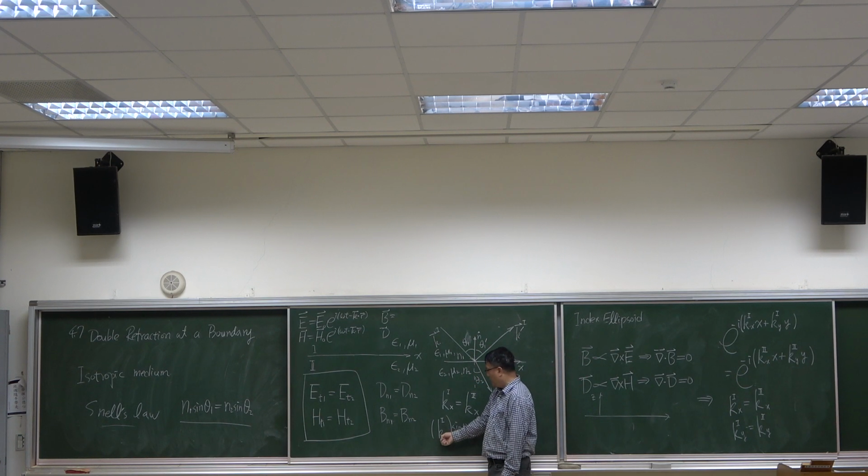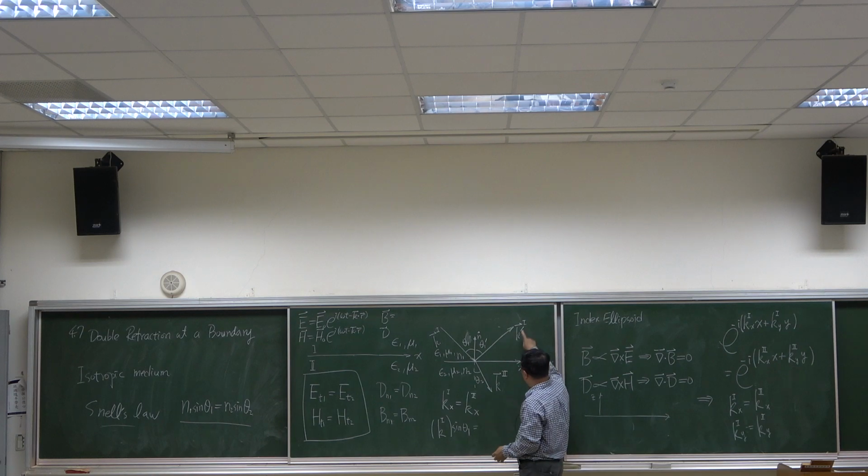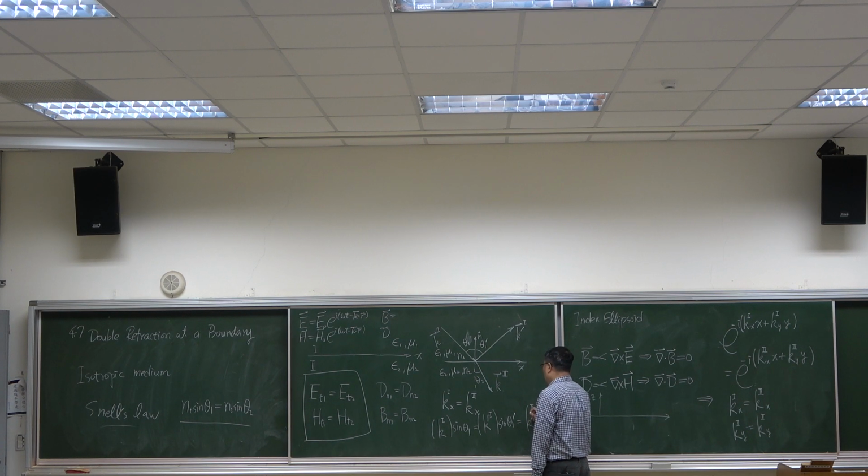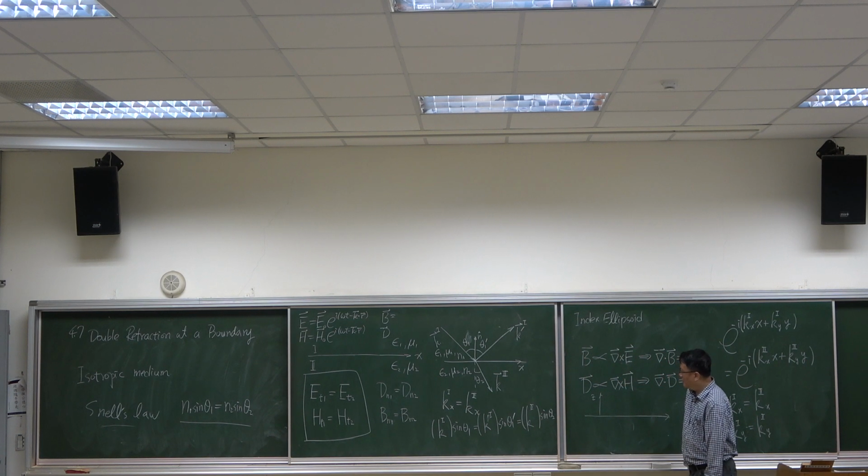The magnitude of K1 times sine θ1 gives us the x component of K1. This must be equal to K1 prime times sine θ1 prime, and K2 times sine θ2.